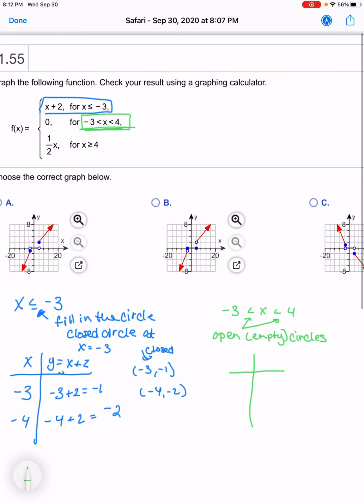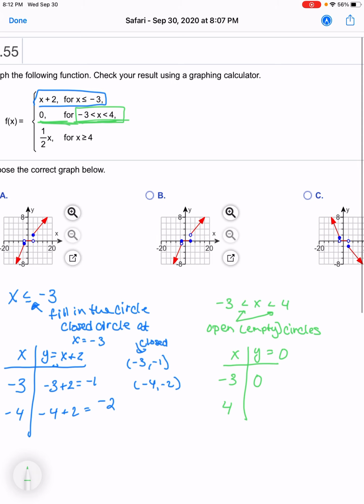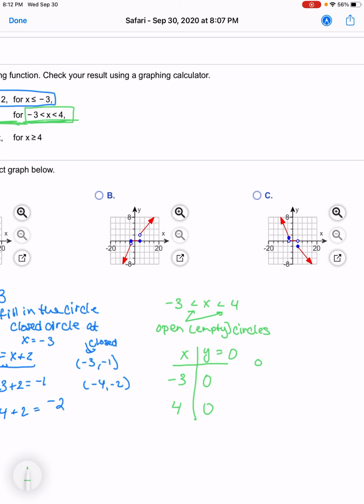On our t-chart, since we have two endpoints, we're going to use those endpoints, -3 and 4. We have our x column and y equals 0 for this section of our graph. So when x is -3, we get y is 0. When x is 4, we get y is 0. So we have open circles at -3, 0, and 4, 0.